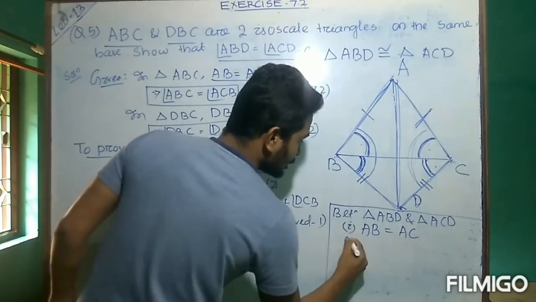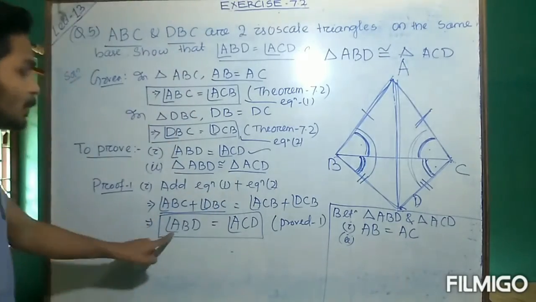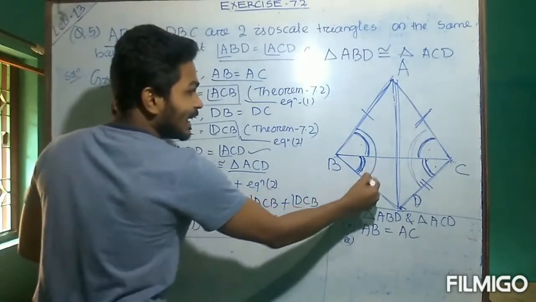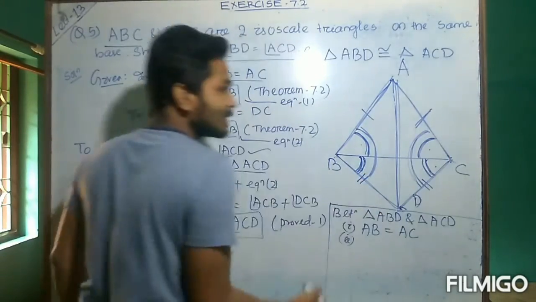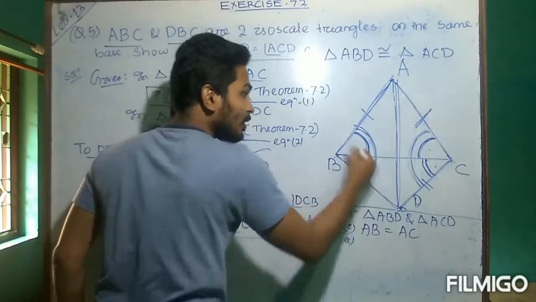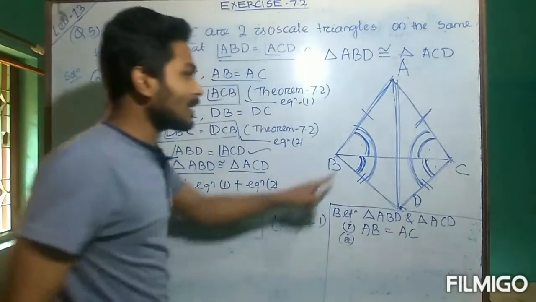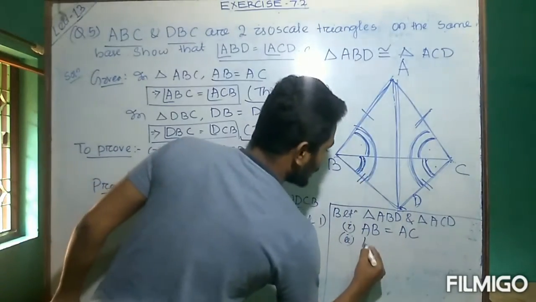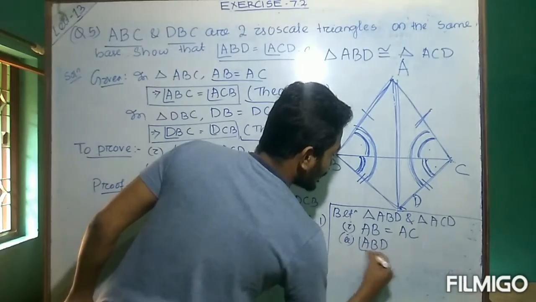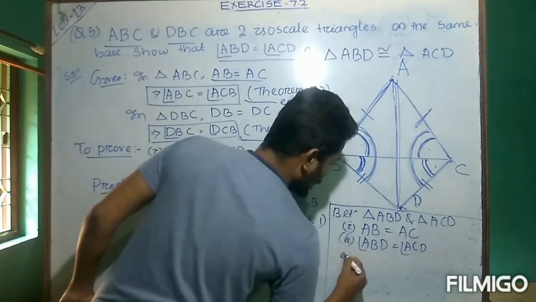This is clear. Next, since recently we have proved that this angle ABD is equal to this angle ACD, that means this is an angle for this triangle and this is also an angle for this triangle. So we can write angle B is equal to angle C, or angle ABD is equal to angle ACD.